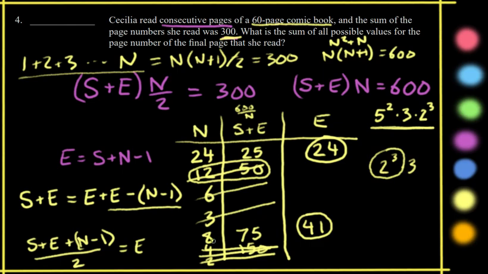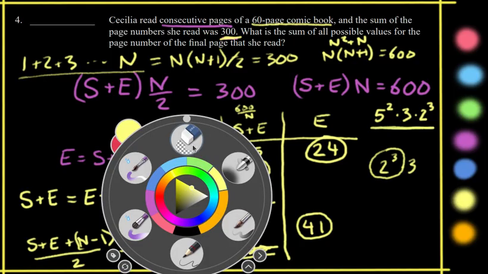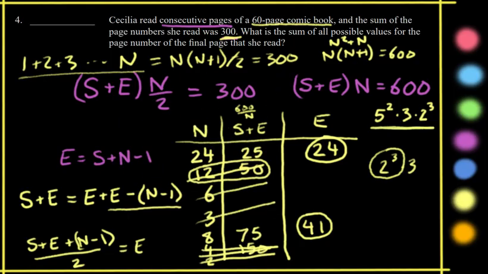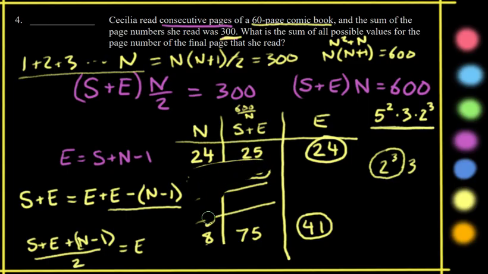So 8 times 5, let me make some room down here. Let's see, we'll cancel out some of these ones that we already eliminated here. I'm going to get rid of these ones too, just to make more room.